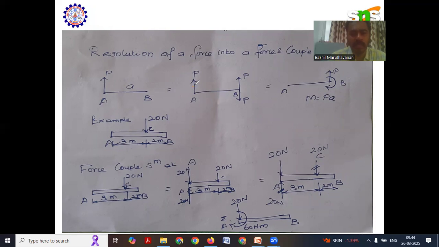Now I'm considering these two forces and changing them into a couple in the clockwise direction, P into a. This is how we replace a force at another point without changing the effect. The force at point A is replaced at point B with the force and couple.